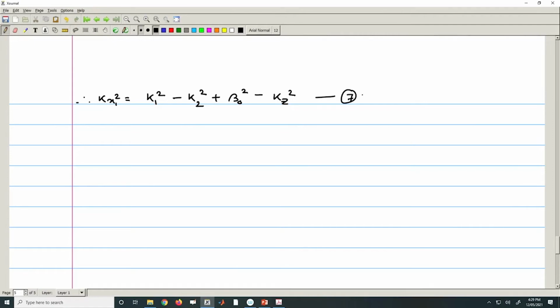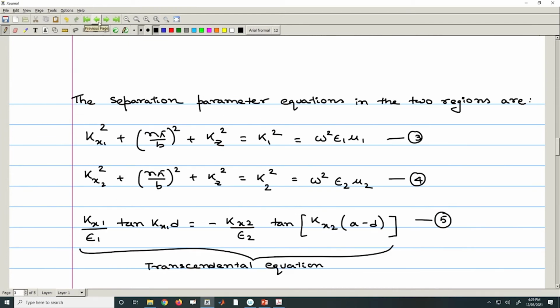Similarly, from equation number 4, we can write kx2 square in terms of beta naught square.